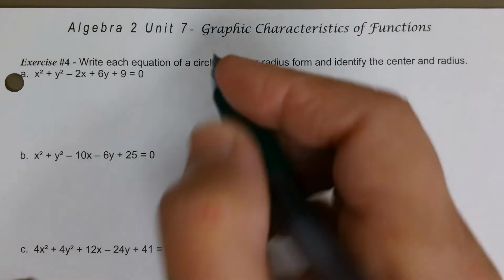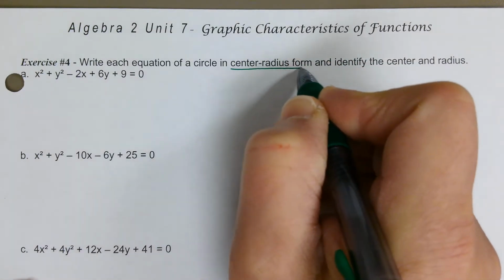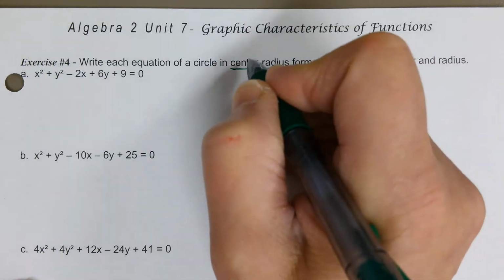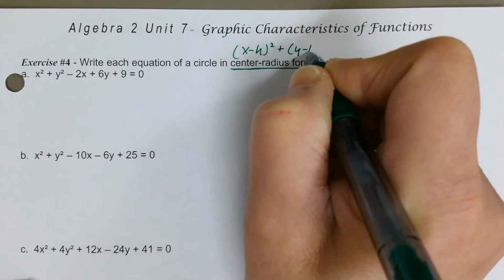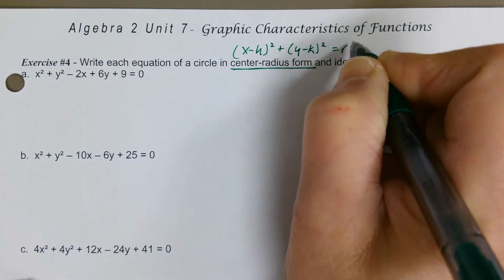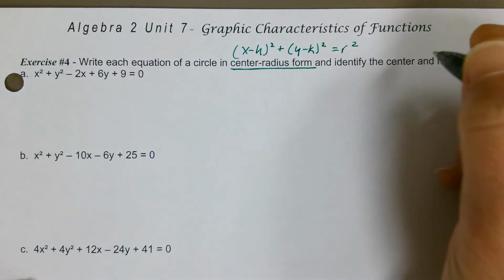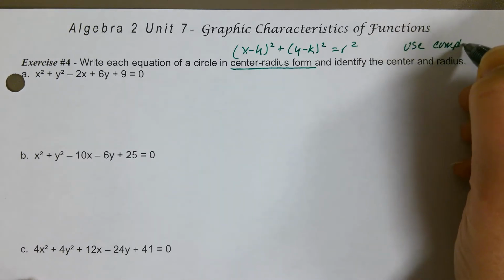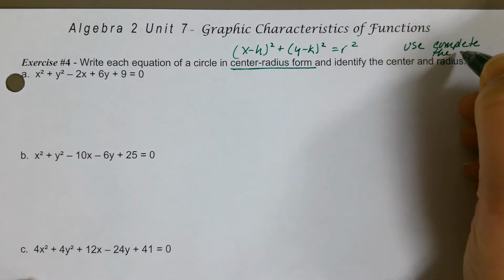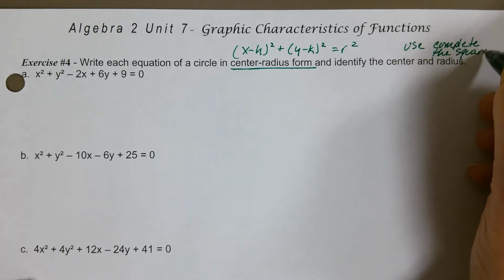So to put it in center radius form, which is our x minus h squared plus y minus k squared equals r squared, we're going to use complete the square.